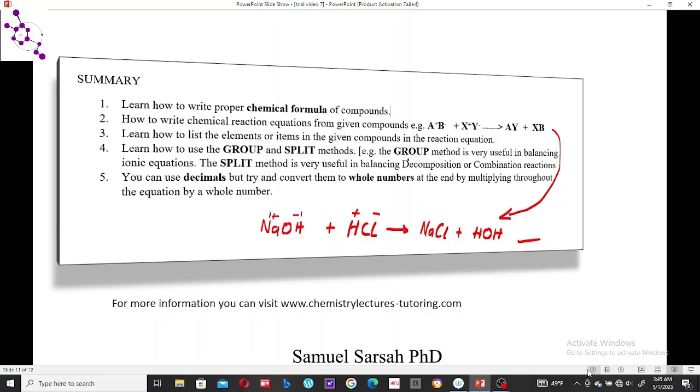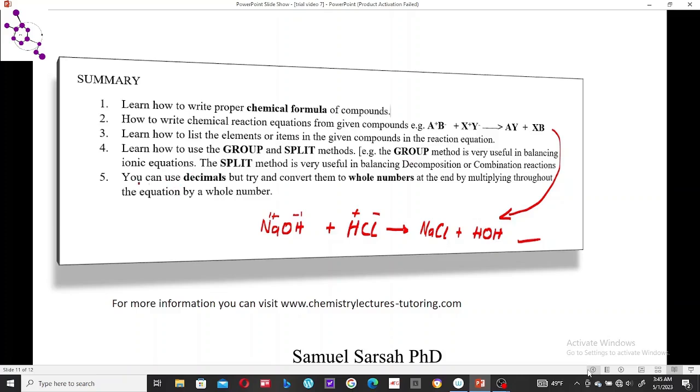The group method is very useful in balancing ionic equations. I will show that in a different video. And then the split method is very useful in balancing decomposition reactions or combination reactions.